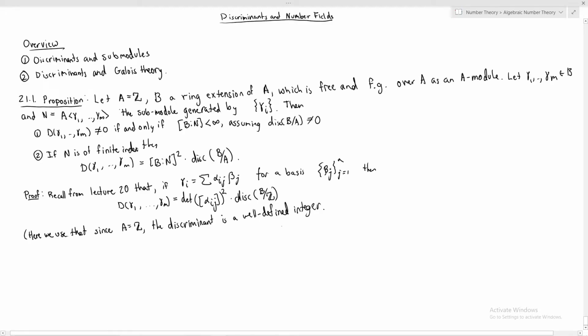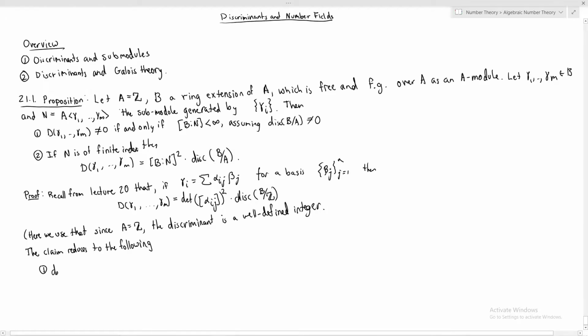Okay, so essentially the claim reduces to the following. So 1 reduces basically to this determinant is 0 if and only if this index is infinite.